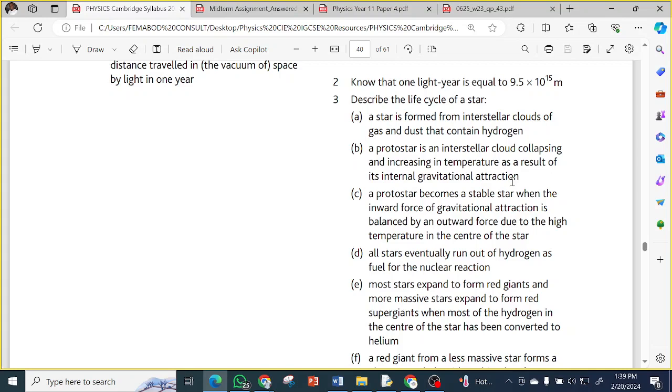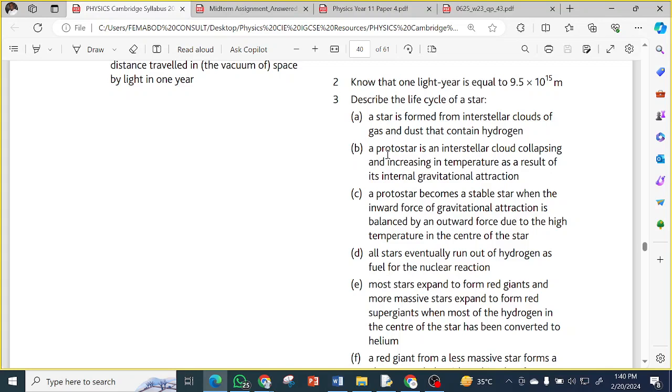Remember, as the particles are rotating due to internal gravitational attraction, there is an increase in temperature. So when the gravitational attraction is balanced by the external force, which is the increase in temperature, and this happens at the center of a star, that is when a protostar becomes a stable star. So you can see the first process: dust and particles are available for formation.